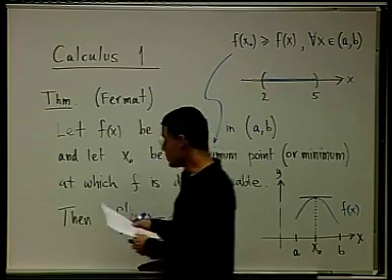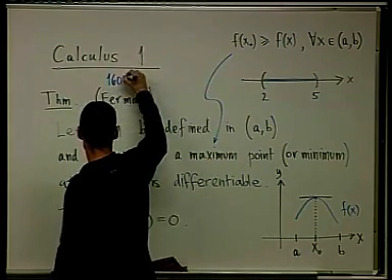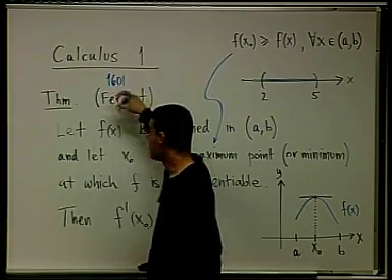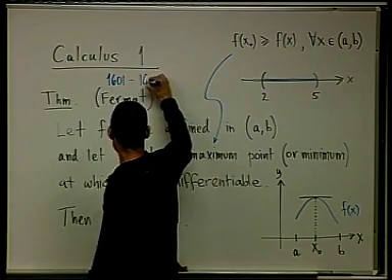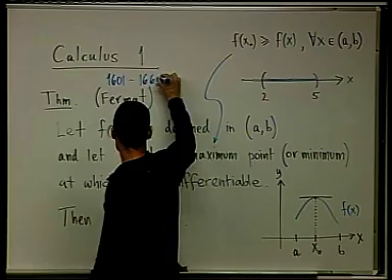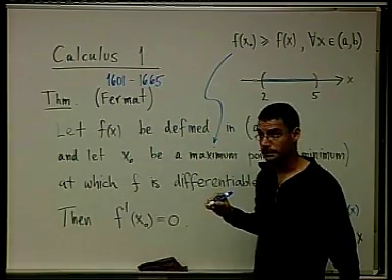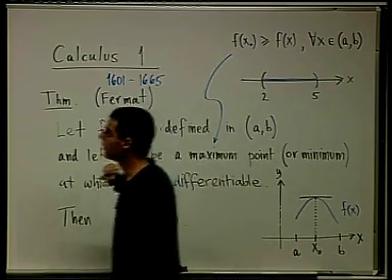Fermat was born in 1601. That's a long time ago. That's more than 400 years ago. And died in 1665. So this was an honest 17th century mathematician. So remember this.